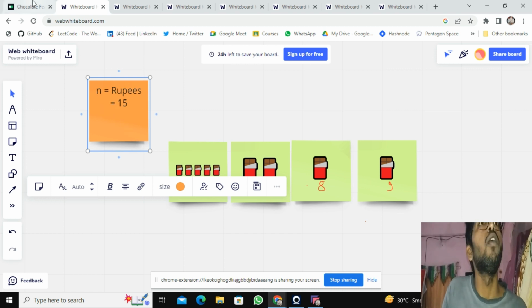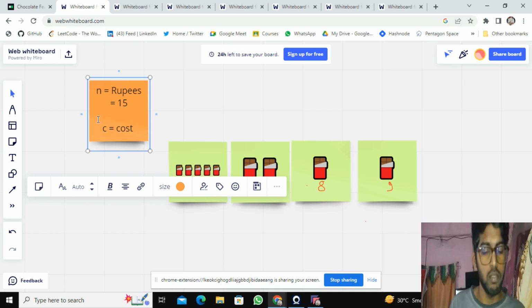Simple. Now, what more do I have? I have c. C means the cost of each bar, the cost of each chocolate.